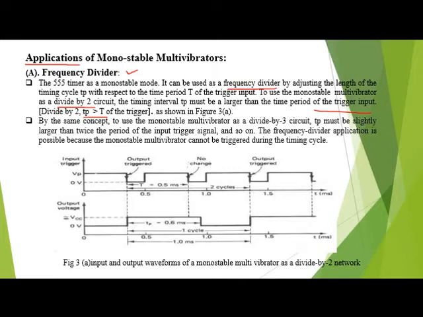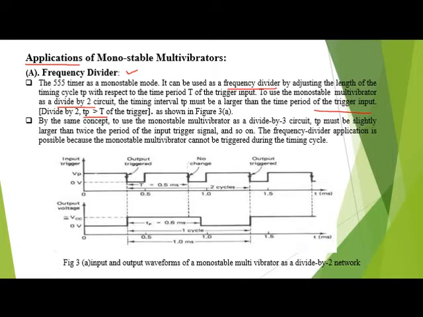It means TP is more than the total time period. One cycle of the output voltage is equal to 1 millisecond, and one cycle of the trigger input is only 0.5. It is divided by 2, two times of this one.